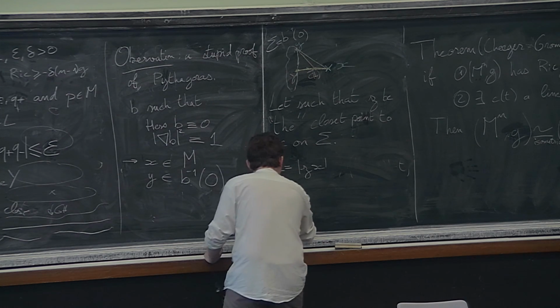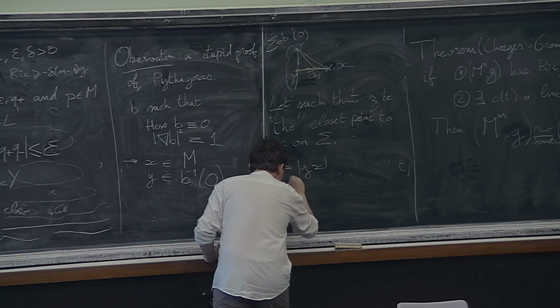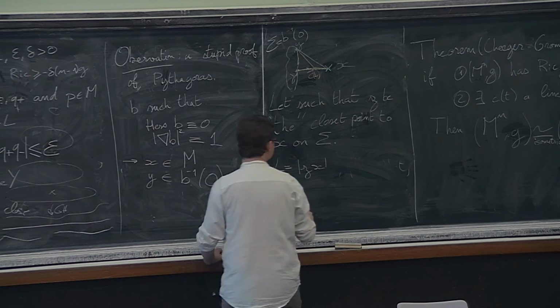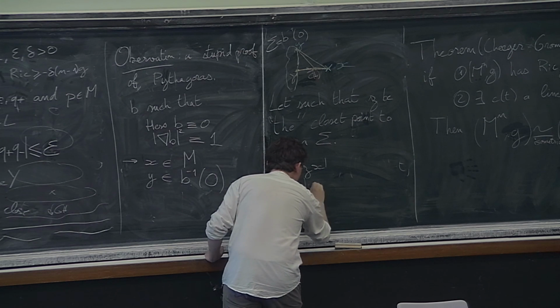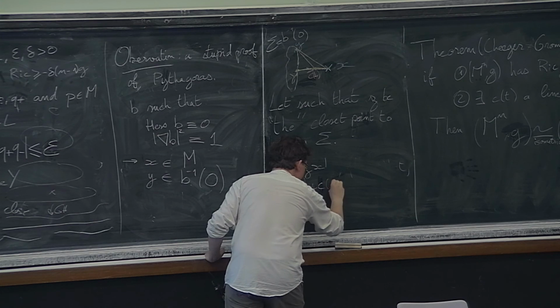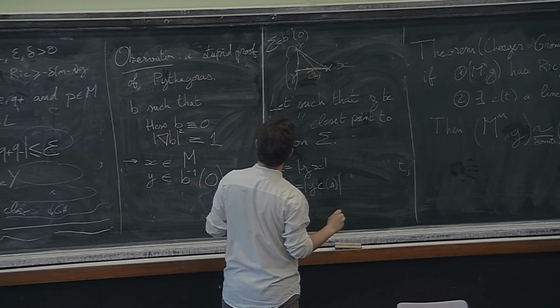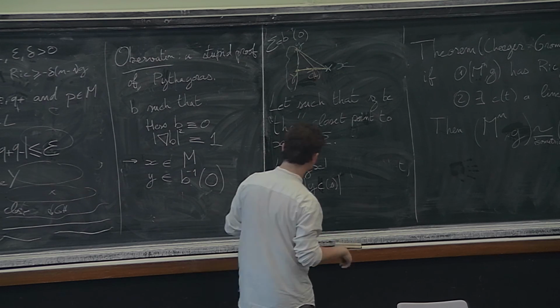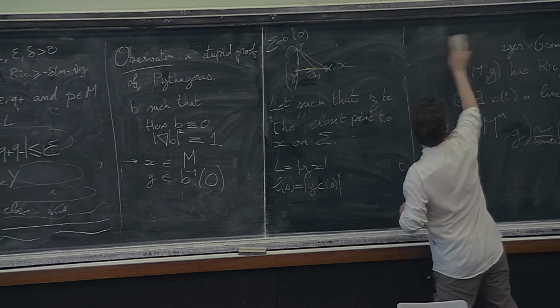Okay, now, let's put small l of S to be equal to the distance from Y to C of S. I'm cheating a little bit because, well, not yet actually. Okay.